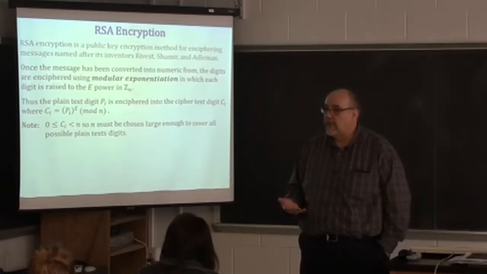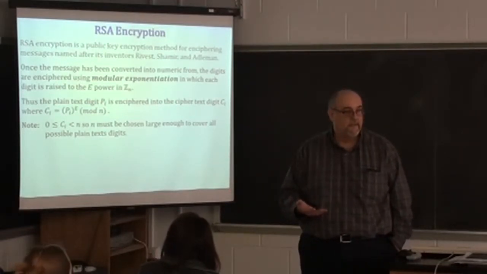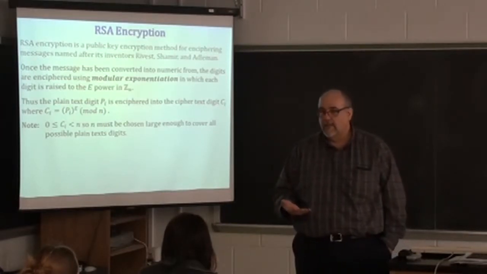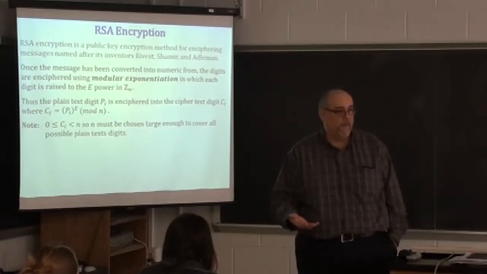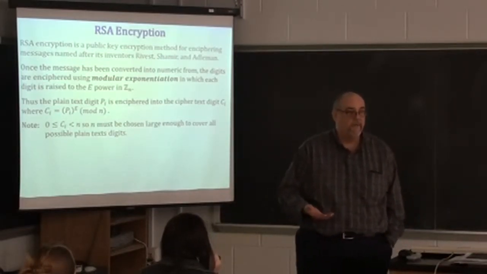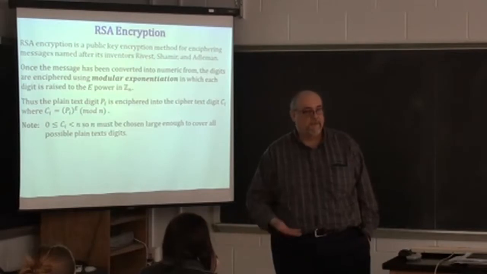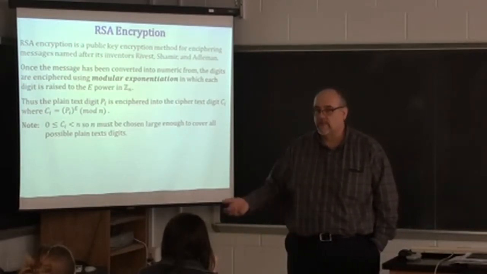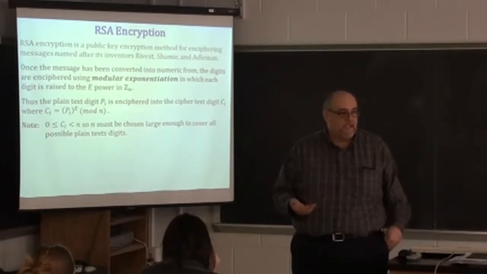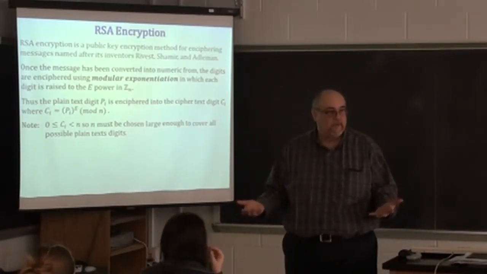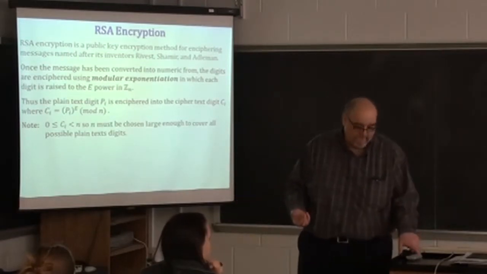And that might mean what? If we're doing the alphabet, we need 26 if we're not worried about upper lower case. If we're worried about upper lower case, now we have 52, plus we have space, periods, all the special symbols. So you want to make sure n's big enough to cover everything that could possibly happen. All right?